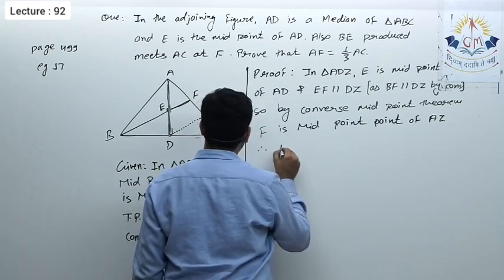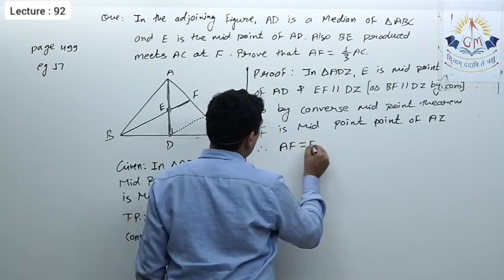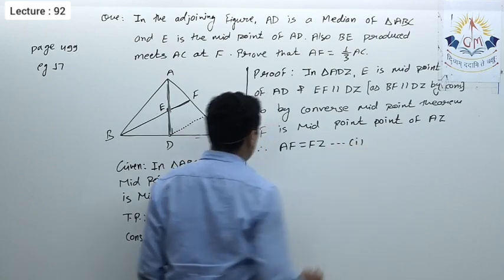Therefore I can say AF equal to FZ. That will be first one.